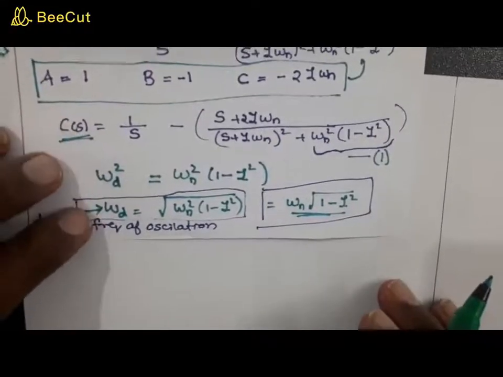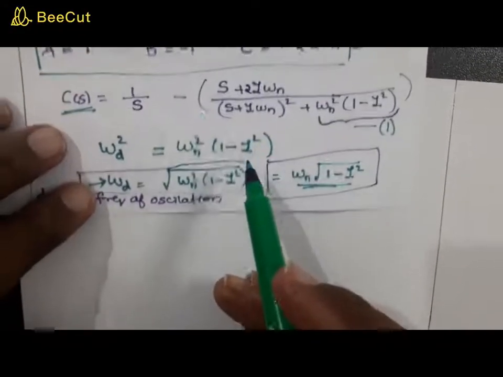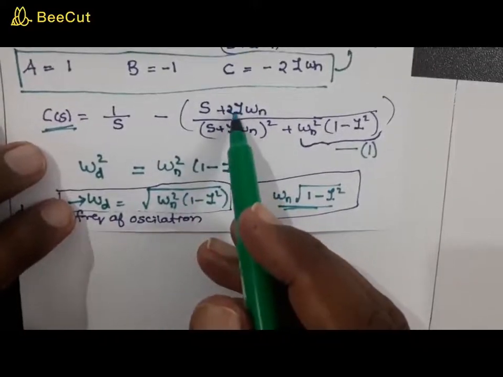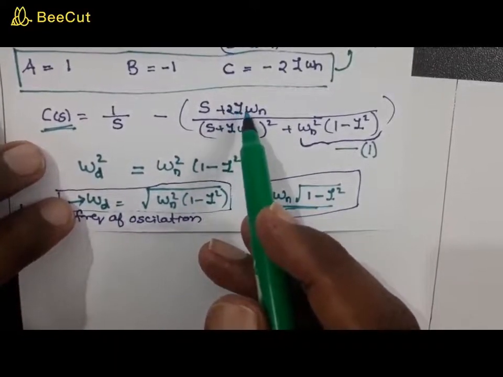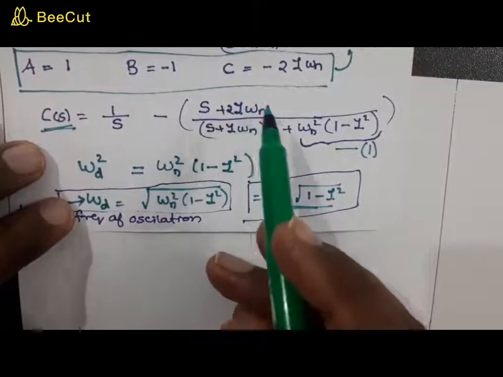Now from this equation 1, we are going to split this. 2 zeta omega n can be written as zeta omega n plus zeta omega n.